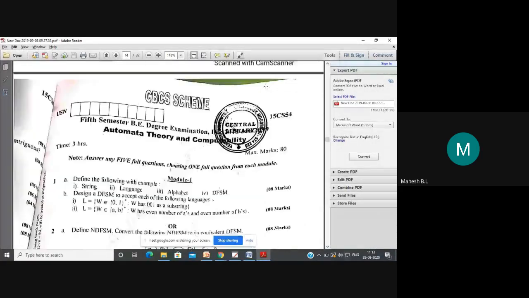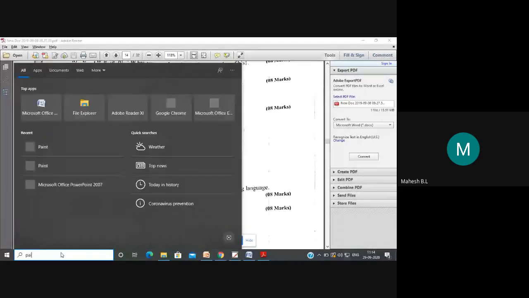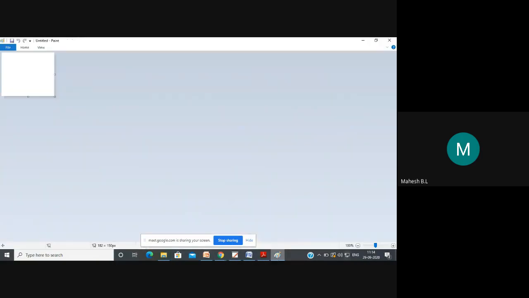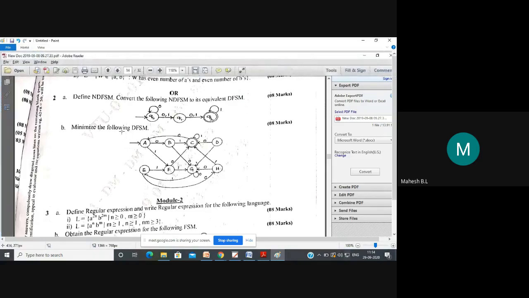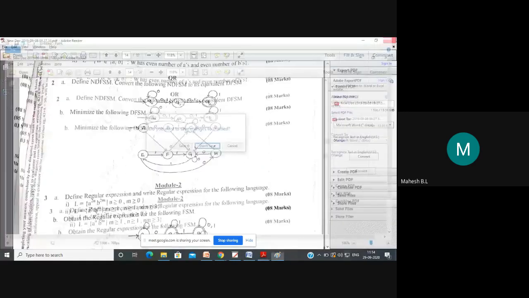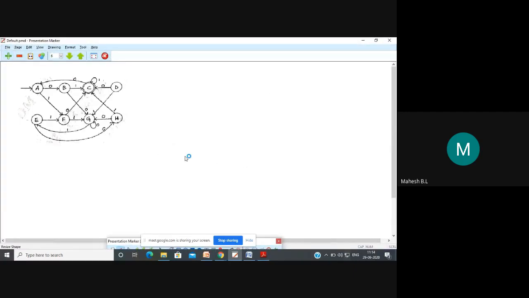Let's consider this particular example. This is the given NDFSM, with states A, B, C, D. Is it similar to the previous one? No, right? There D was the final state. Here C is the final state.